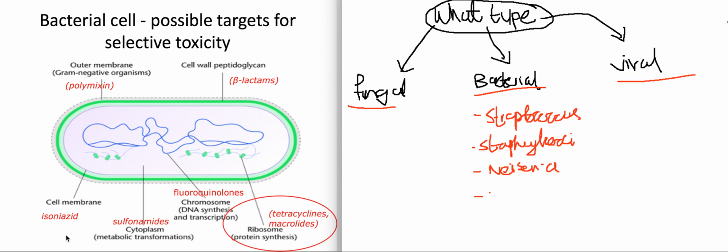Sulfonamides act in the cytoplasm. Fluoroquinolones inhibit chromosome and DNA synthesis as well as protein transcription, so these stop the bacteria from dividing further. Tetracyclines and macrolides affect ribosome synthesis.